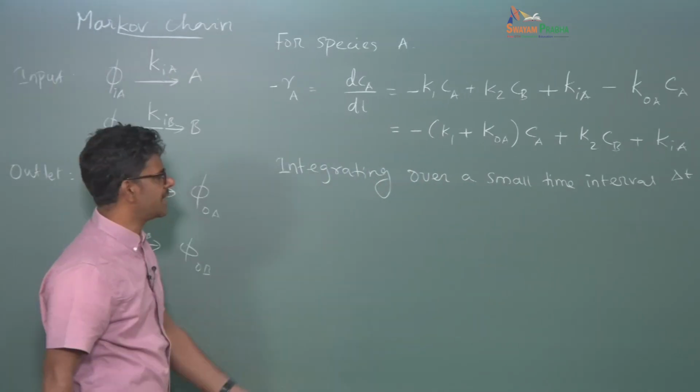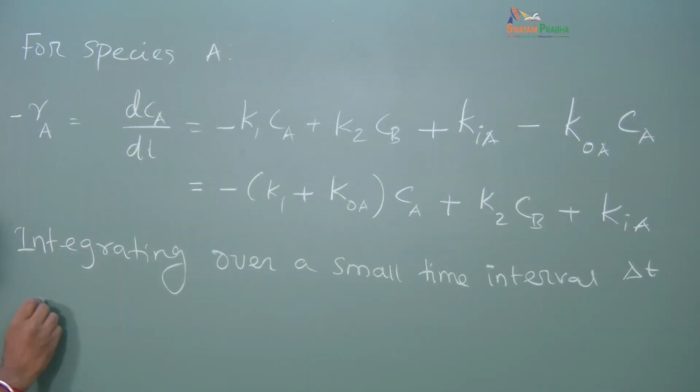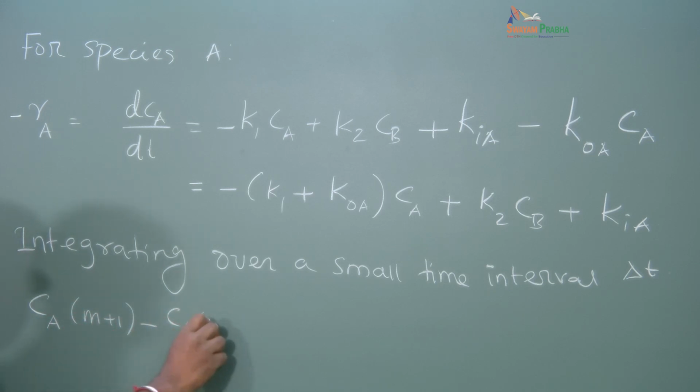Again, time is discretized like before. So we have (CA at m plus 1 minus CA at m) by delta t.